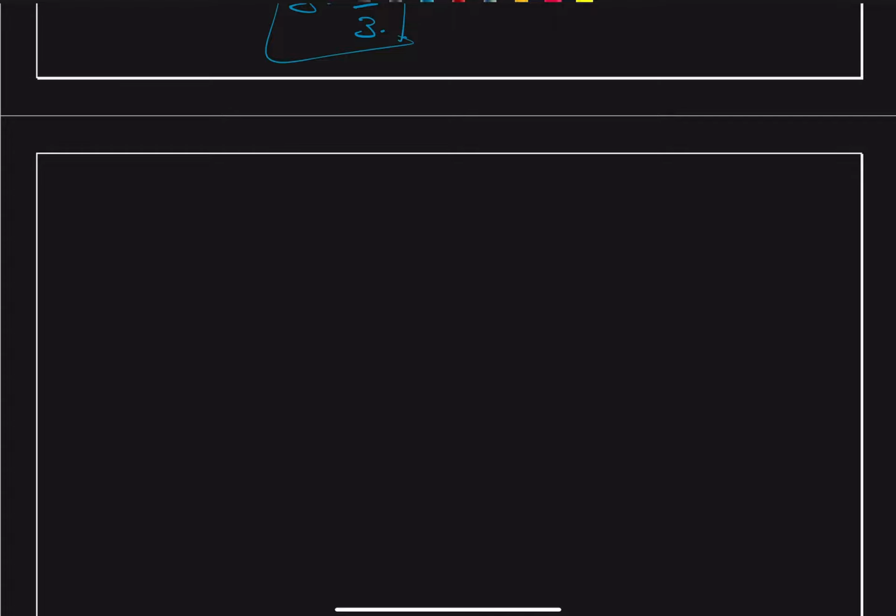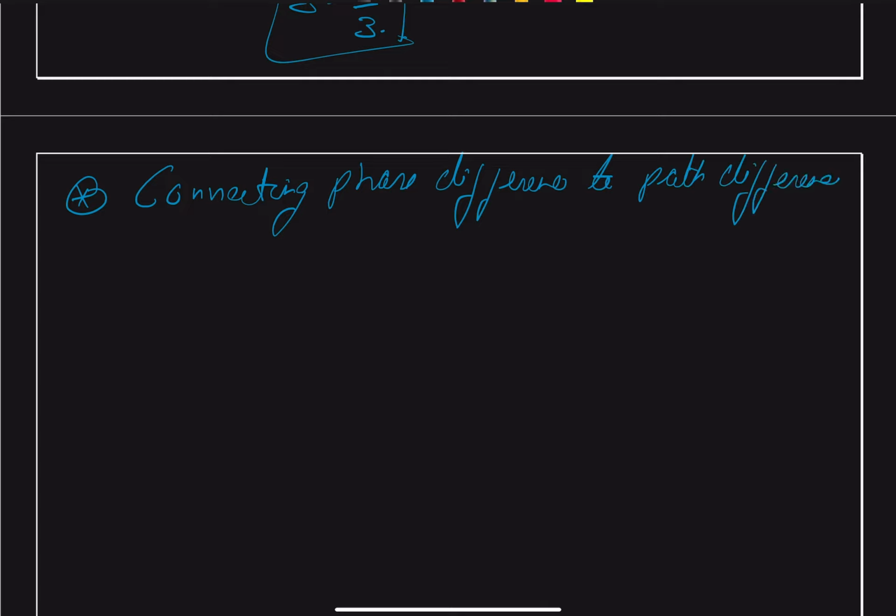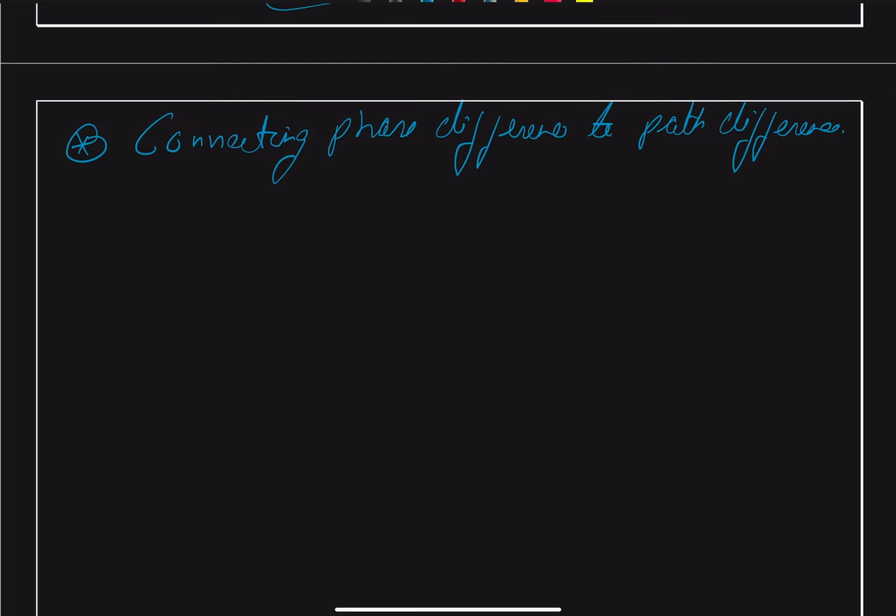The path difference is lambda upon 2 pi multiplied by delta.